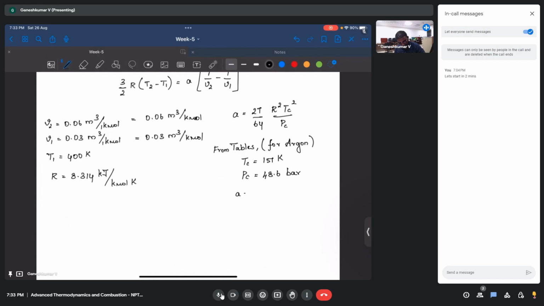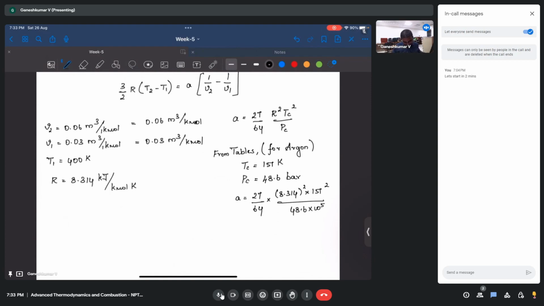So what would be A? A is going to be 27 by 64 into R square, which is 8.314 square, into Tc 151 square divided by 48.6 into 10 power 5.